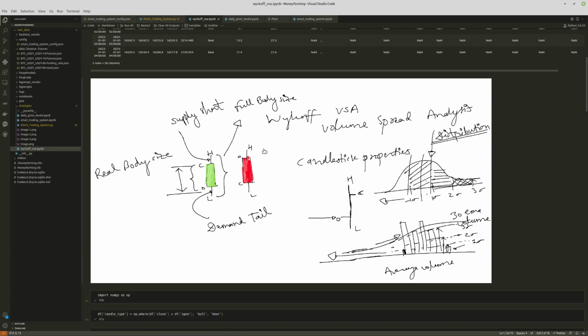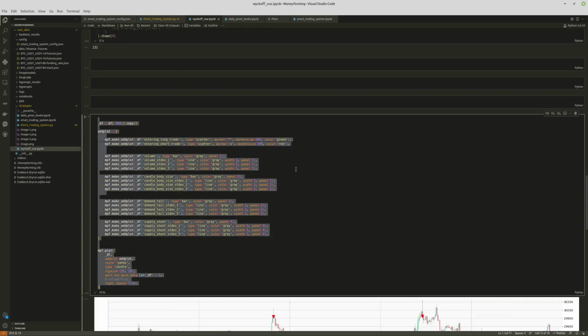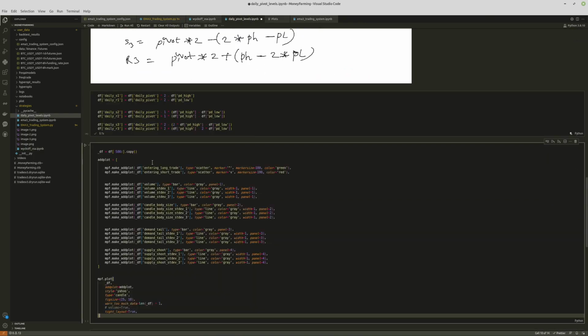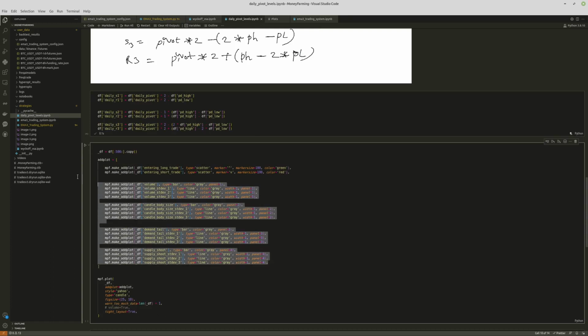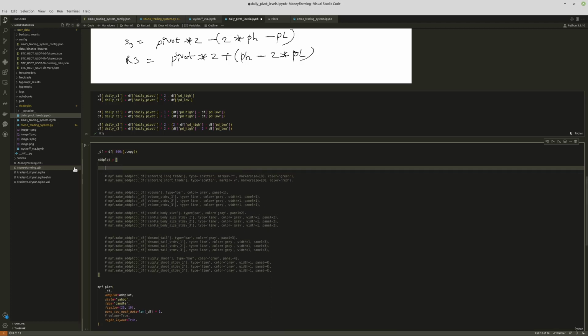Okay, let's now plot it here. Get the data there, and mpf.make_addplot df daily pivot. Color is going to be blue.